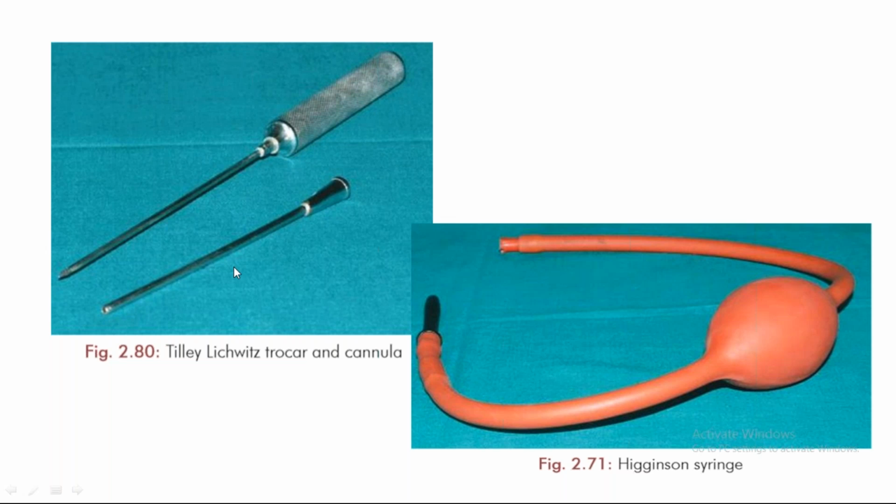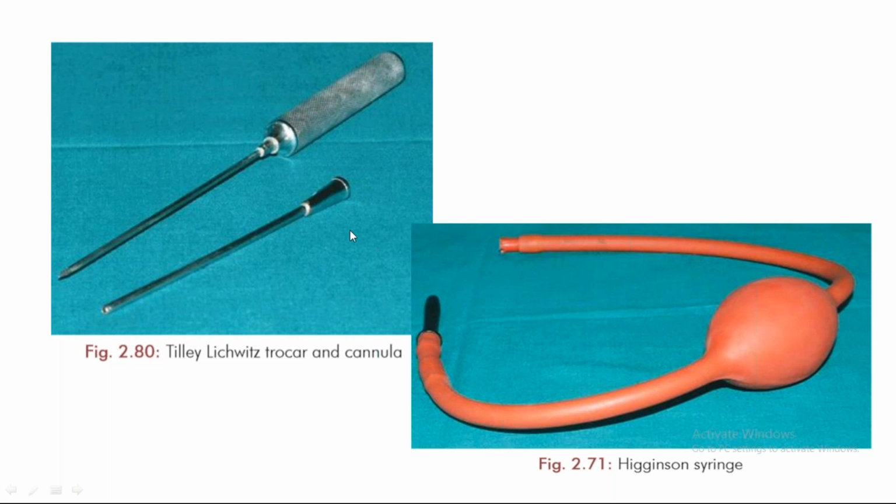You take the Killian nasal speculum, open the nostril, and insert the trocar into the cannula so that only a small bit of the pointed trocar is visible.